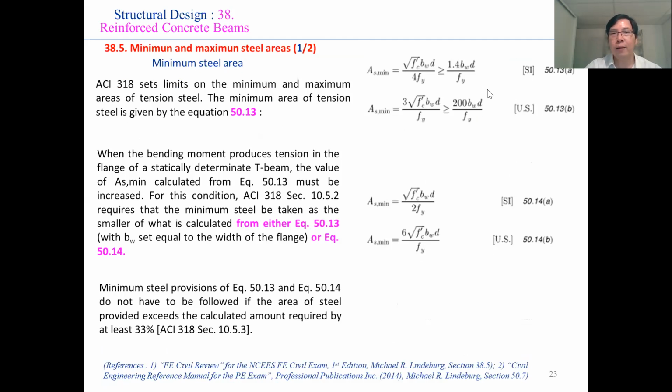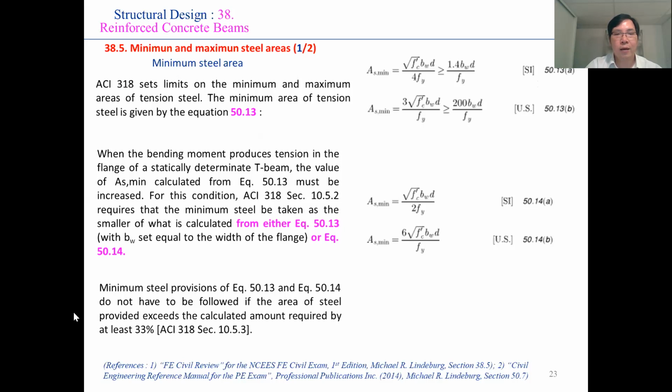The first one you apply with the international system units, and the second one is applied for the United States units. You can see also there is another equation for calculating the minimum steel area.